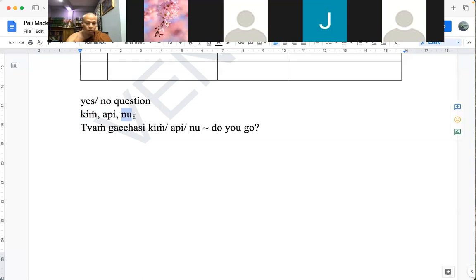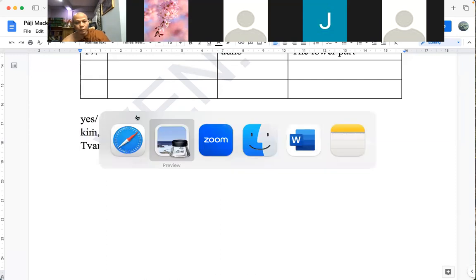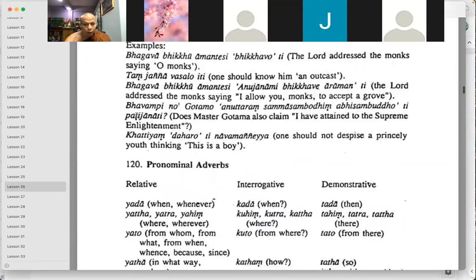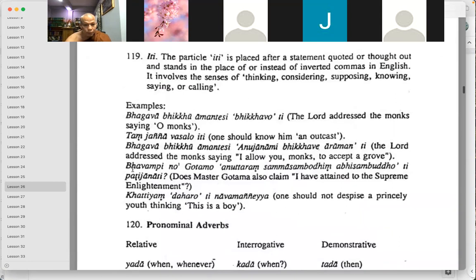For this no, we have another expanded form, no. So that no also can be seen. That is in the previous lesson. Here, in this lesson, because of this no here, coach.